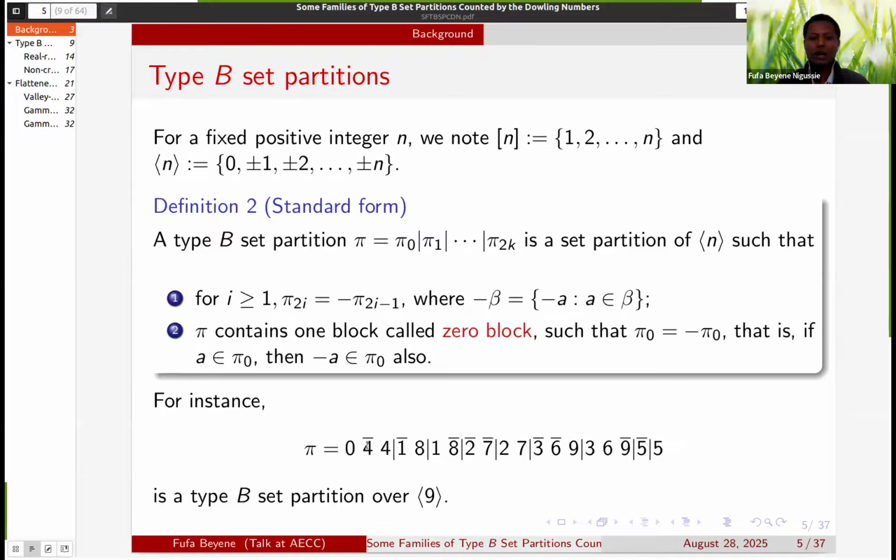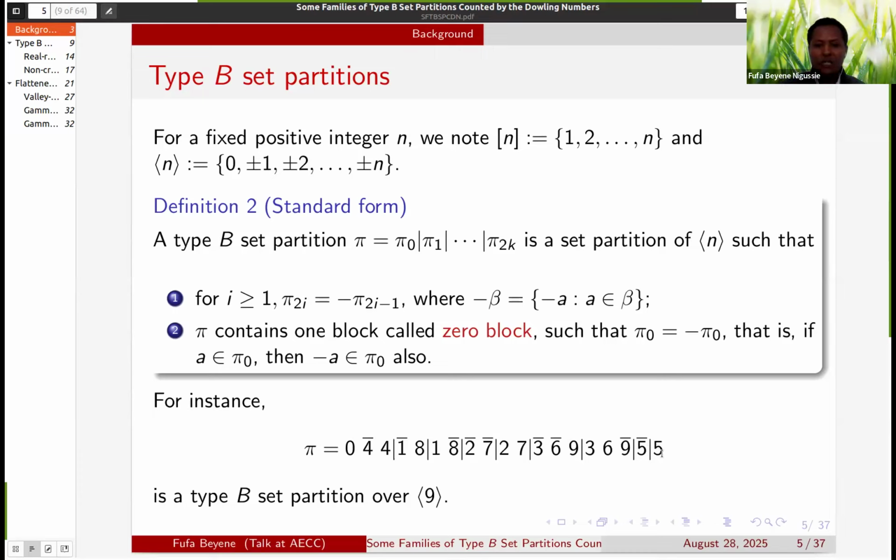So minus 4, I write instead 4 bar. And you have the block consisting of minus 1, 8, and also the negative of this, 1 and minus 8, minus 2, minus 7, 2, 7, minus 3, minus 6, 9, 3, 6, 9 bar, 5 bar, 5. So this is a type B set partition over 9.